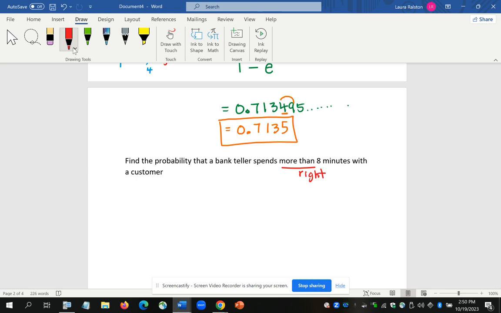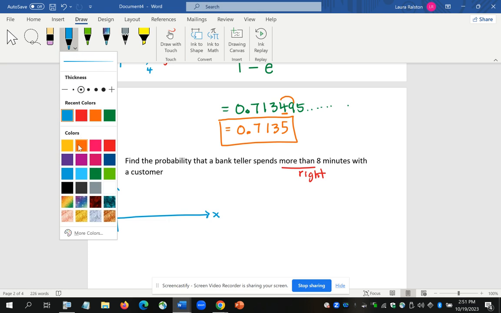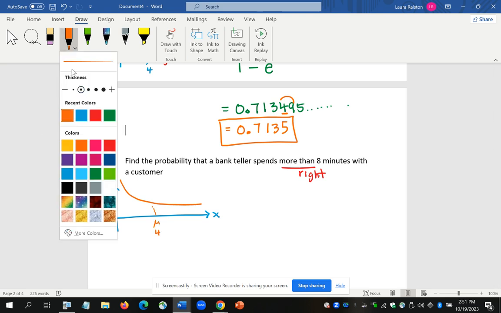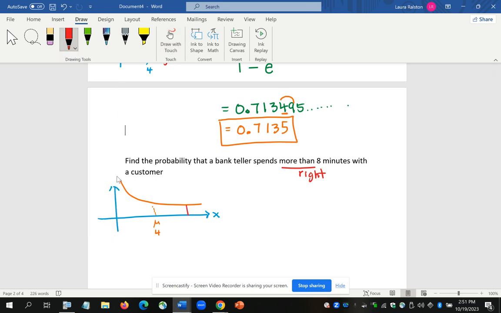Again, if it helps you to see it visually, you would have your exponential distribution that looks roughly something like this. We know that our mean is 4, and we want to be greater or more than 8.